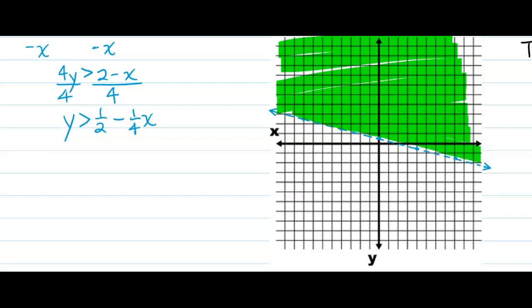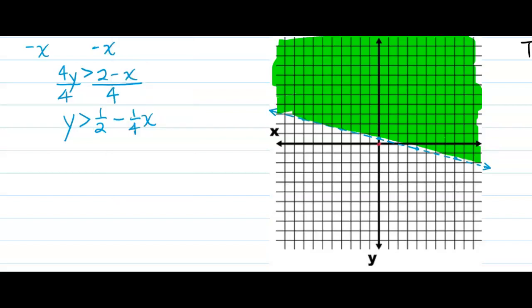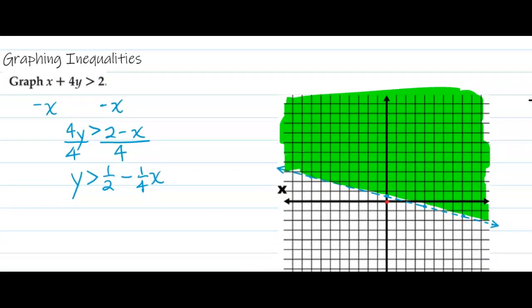Now, if that seems a little difficult, we can also use a test point. We have to pick a point not on the line. The best point to pick is 0, 0 if we can. And let's put it back into our original problem and check it.